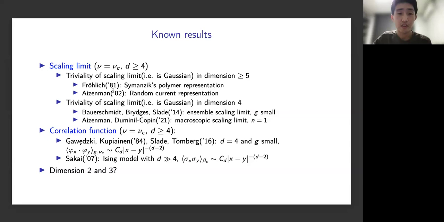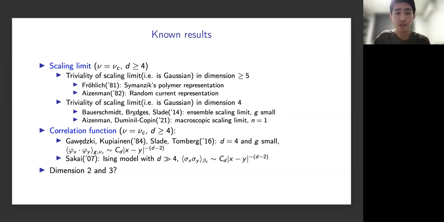And it was later improved and extended to dimension 4 by Aizenman and Newman in their celebrated paper. And they proved that the macroscopic scaling limit, when there is only one component in the phi-4 model, is also trivial.